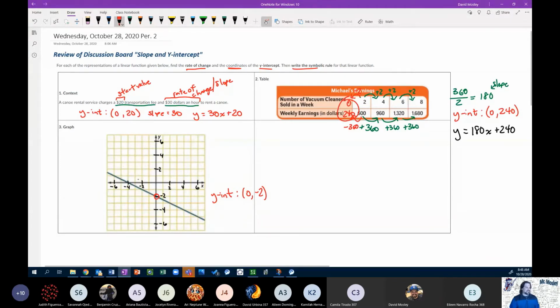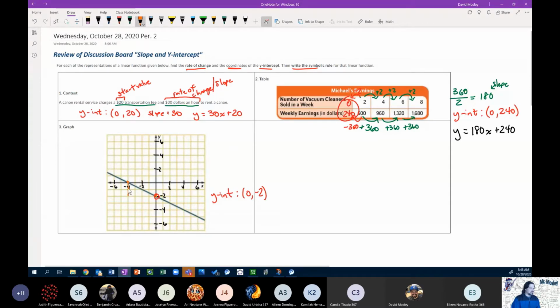Now our rate of change, we're going to look at the change in y divided by the change in x. So we can just use a couple of points. It doesn't matter which points we're looking at. I'm going to use ones that are easy to see, so I'll use this x-intercept and the y-intercept.